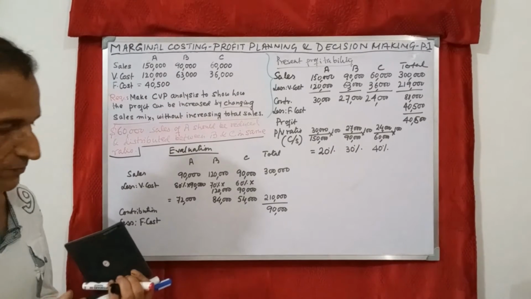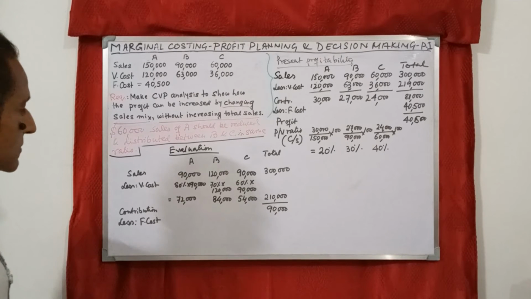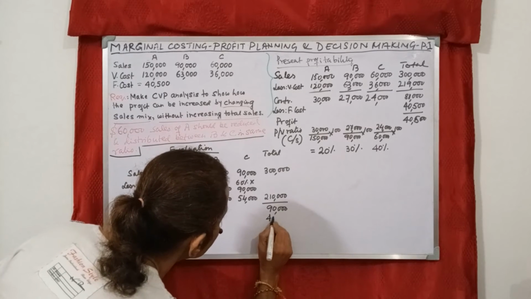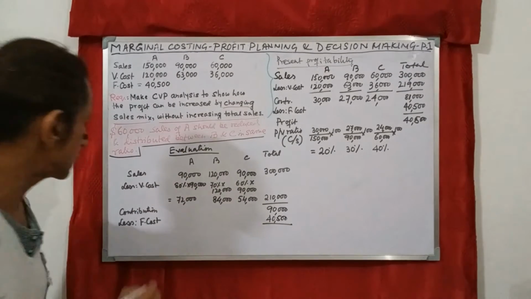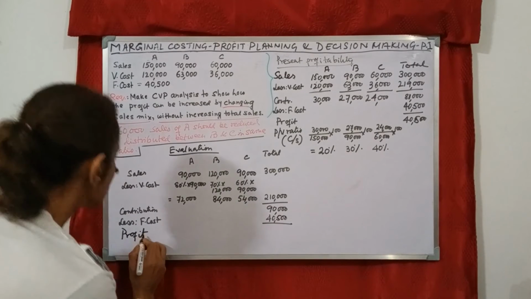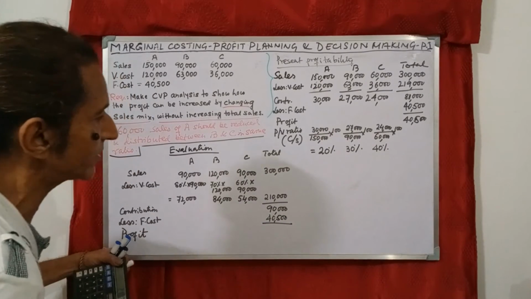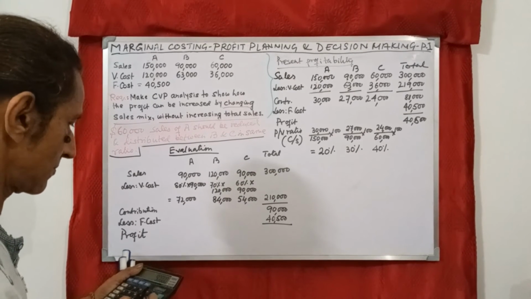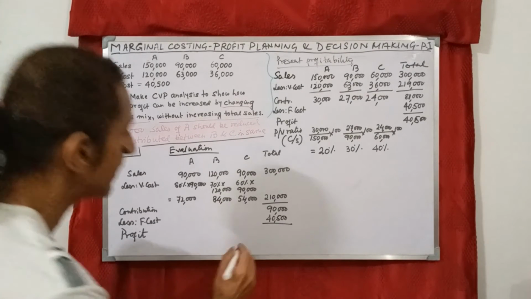The firm is not deploying any additional resources, so there is no change in fixed cost. Fixed cost remains at 40,500. So what is the total profit? $90,000 minus 40,500, that is $49,500.